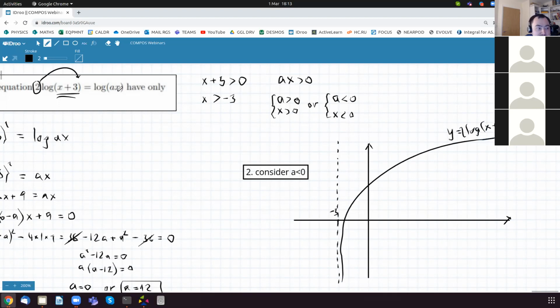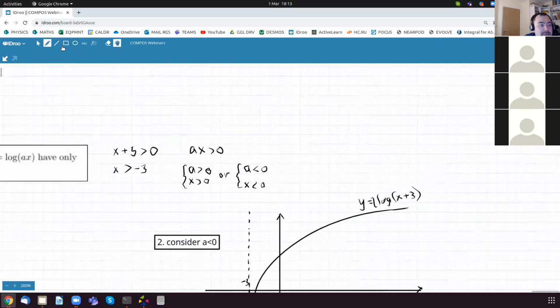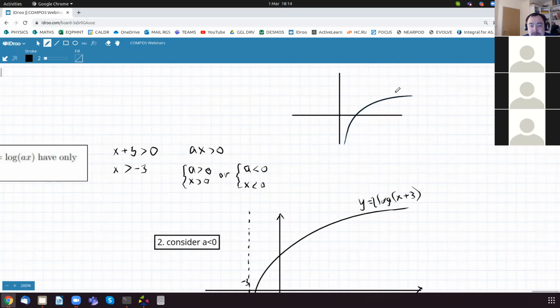Now, if we sketch the other one, log(ax), where a is negative, that means it is a reflection on the y-axis. So the logarithm looks like this if a is positive, and if a is negative, it looks like this.